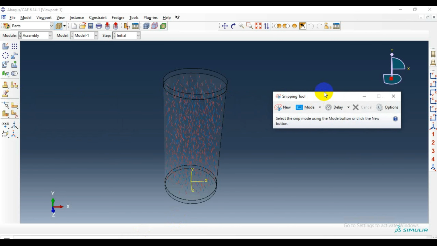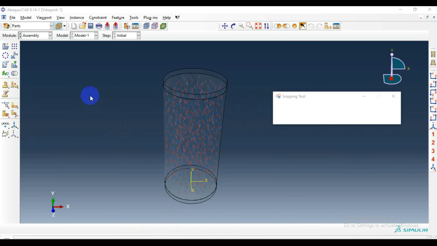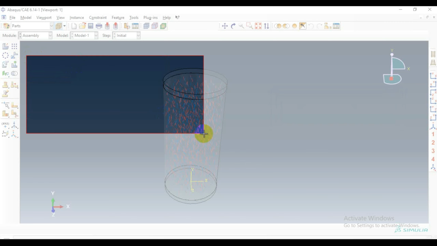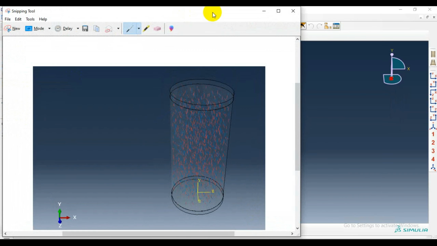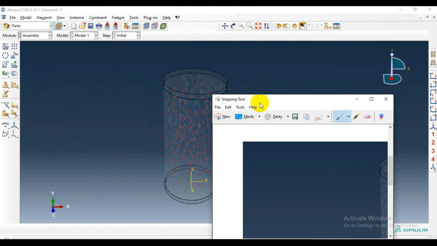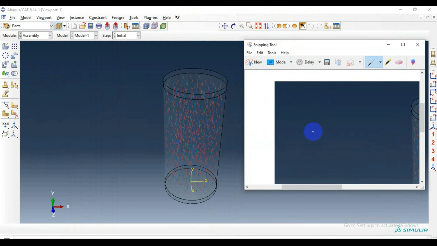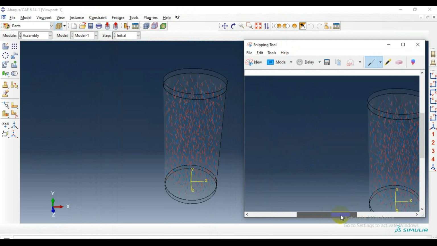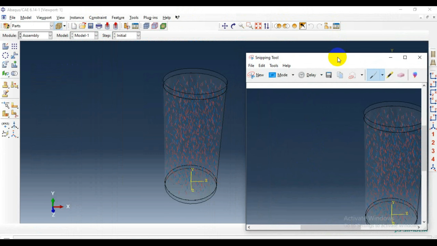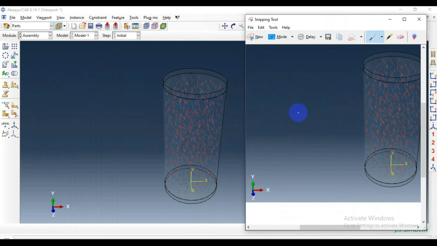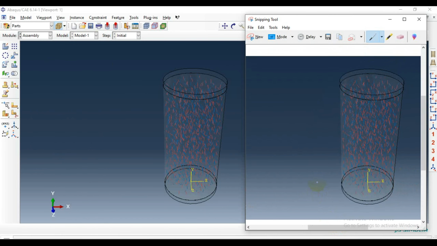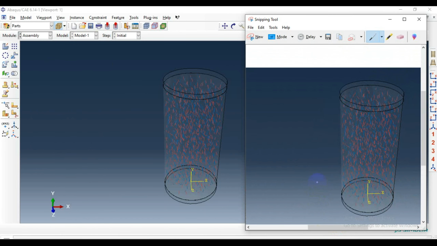Let's look at this picture. We discussed the fiber orientation, that these fibers are randomly oriented here.